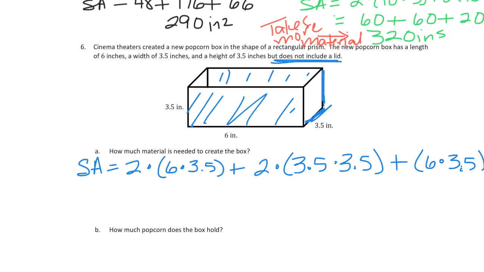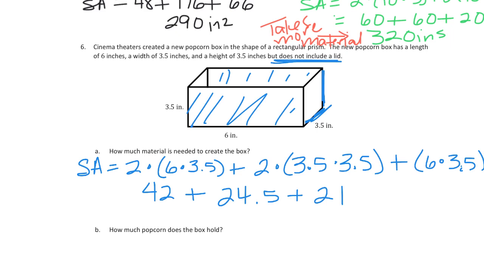Okay, so now I'm going to use my calculator. I'm going to do my multiplication. So I have 2 times 6 times 3 5/10. So 42 plus, then I've got 2 times 3 5/10 times 3 5/10, 24 5/10, and then 6 times 3 5/10 is 21.